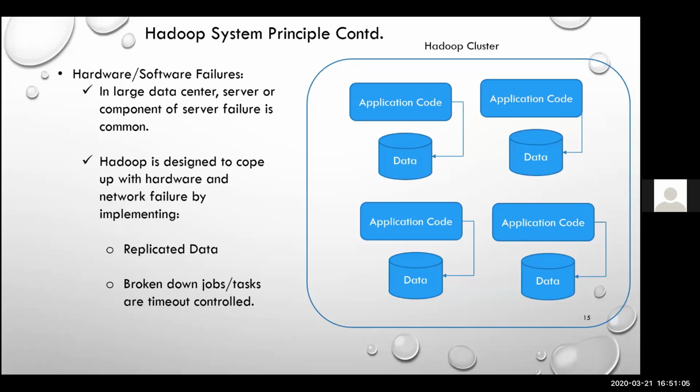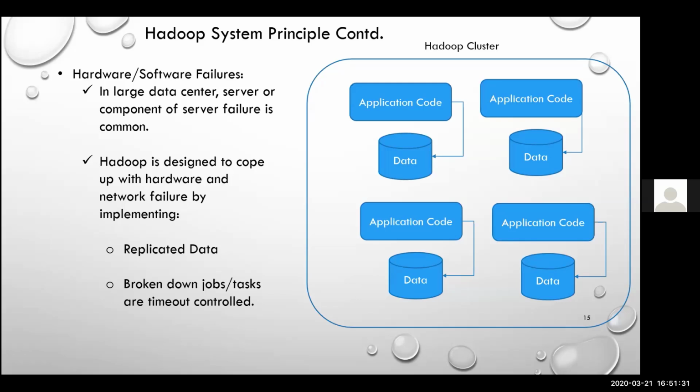But as we are not using state-of-the-art servers and storage in a Hadoop cluster, how can we ensure that the data is stored in a reliable way and the whole cluster can sustain hardware and software failures?